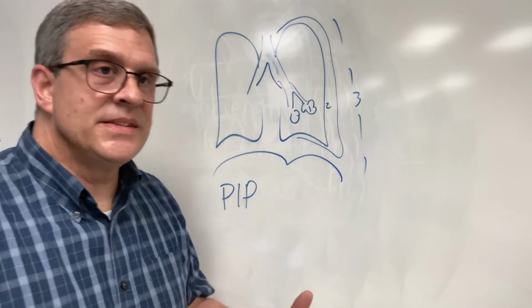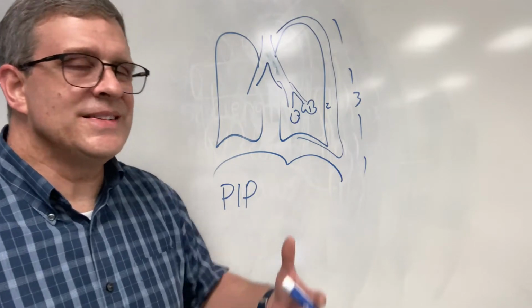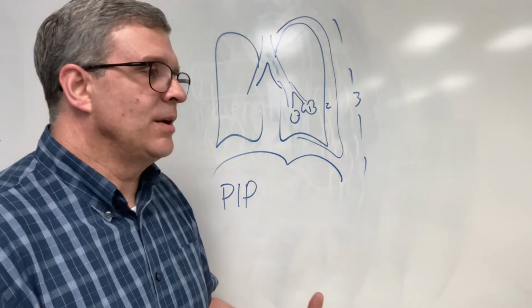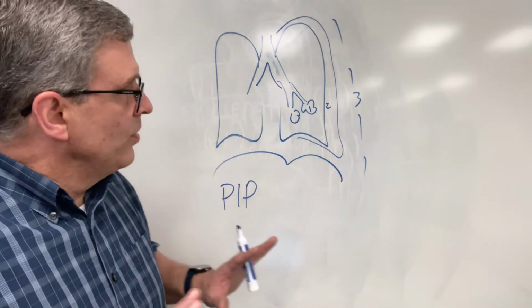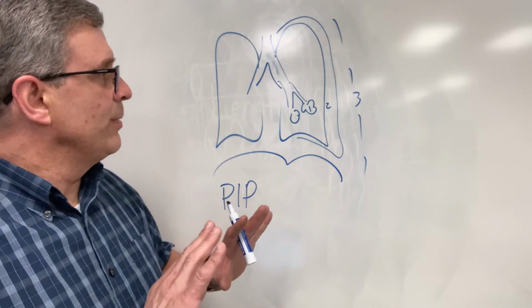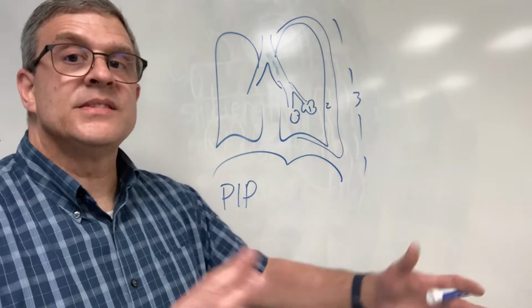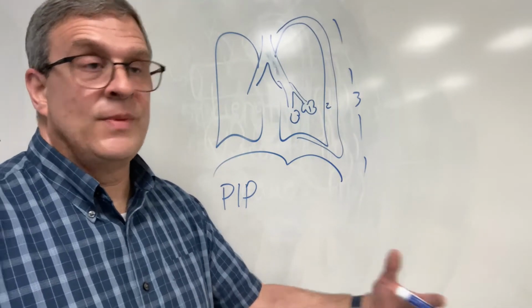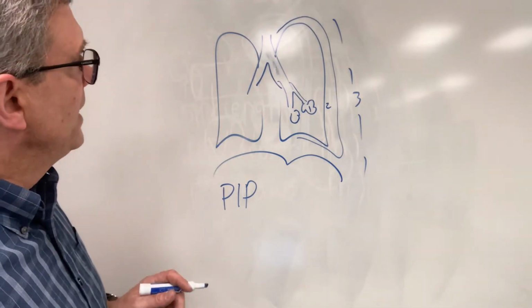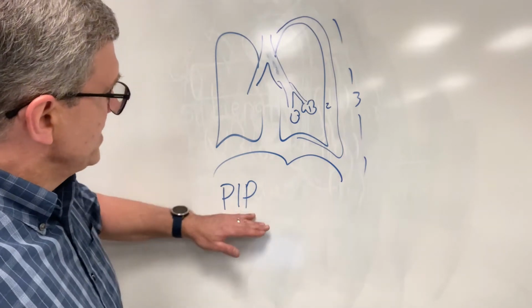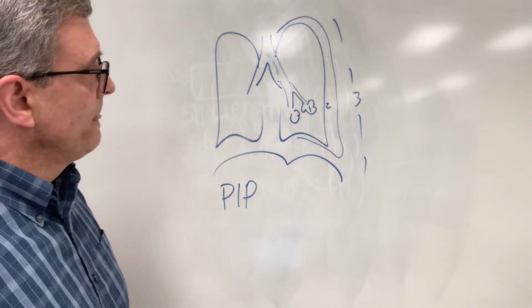So the more resistance there is, the harder it's got to push. The less compliant the lung is, the harder it's got to push. And so we have this pressure of moving air, what it takes to fill it to the volume that we have set. That's our peak inspiratory pressure.